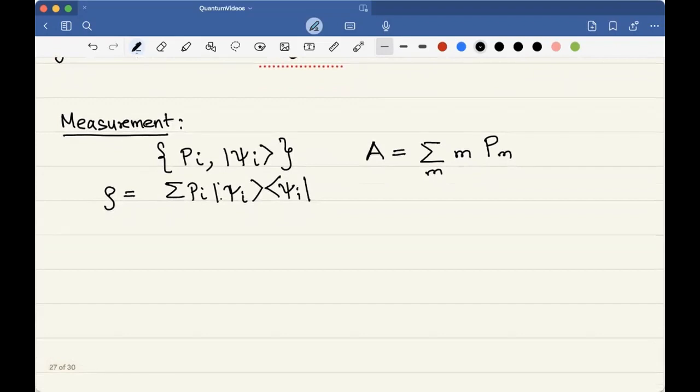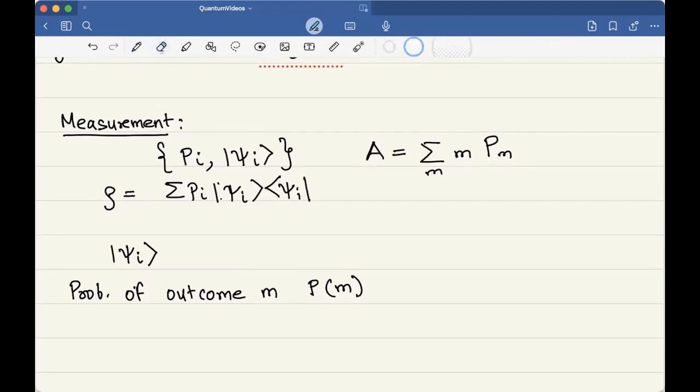Let's start with, suppose the initial state was just a pure state. Suppose psi_i was the initial state. Then what is the probability of getting outcome m? Let me write that as the probability of outcome m given that the state is i.